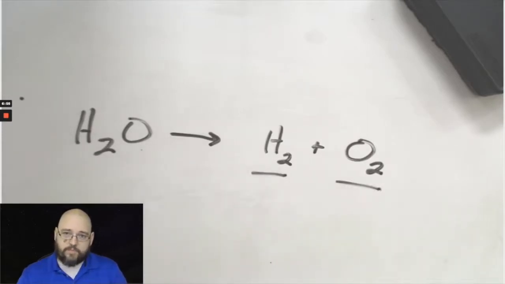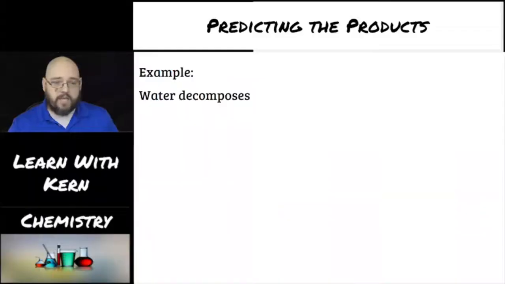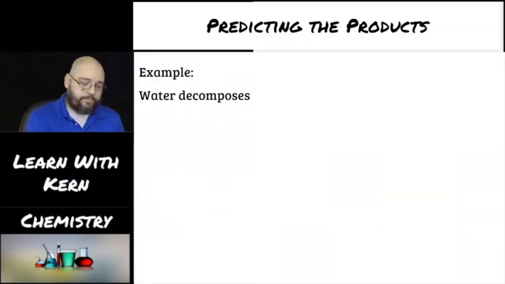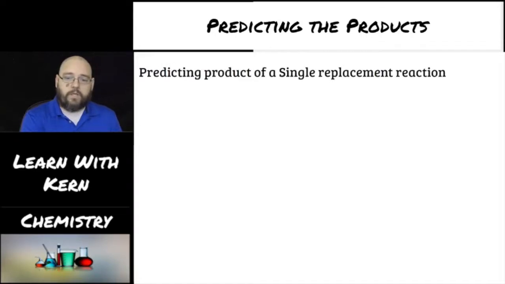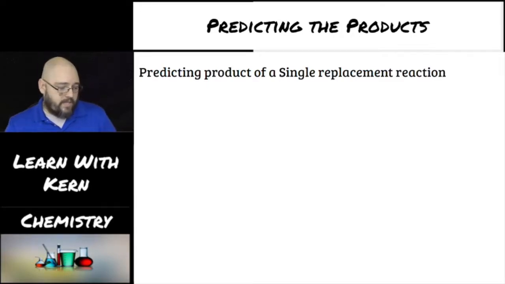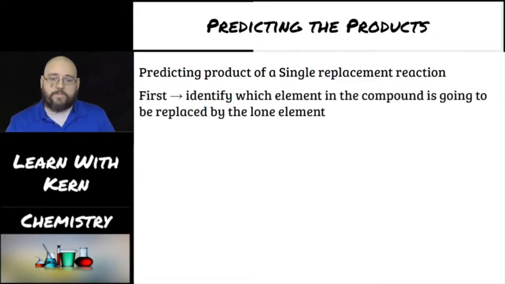So synthesis reactions and decomposition reactions are really not that complicated. Single replacement reactions, on the other hand, are some of the more complicated ones because we have to account for the activity series. So first, you need to identify which element in the compound is going to be replaced by the lone element.